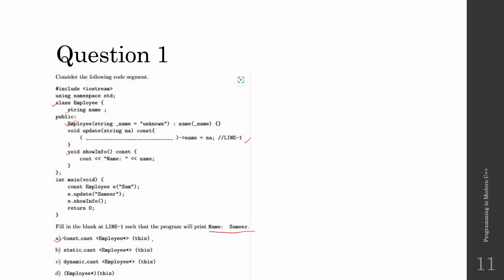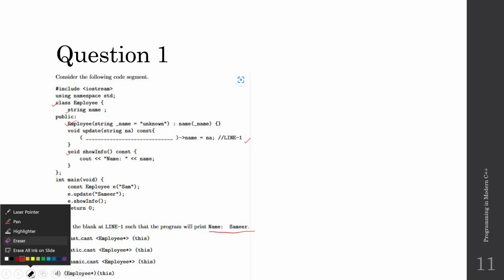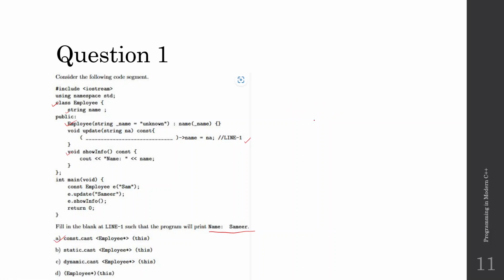Since our object is const, the type of this will be const Employee* this. So this is the type, and we are casting it to an Employee* object.